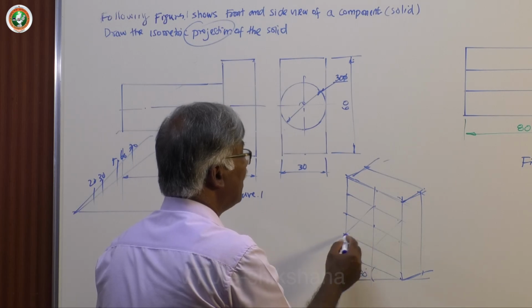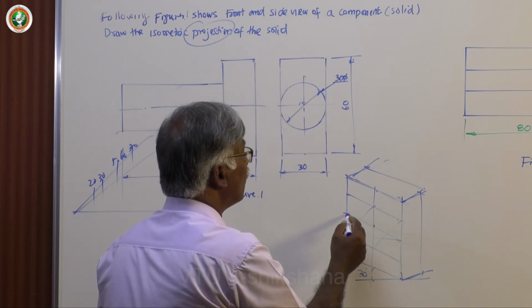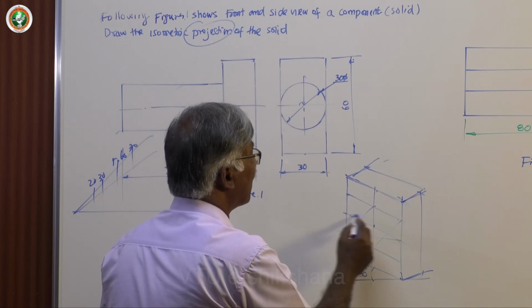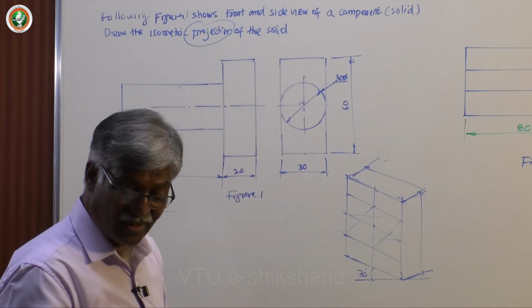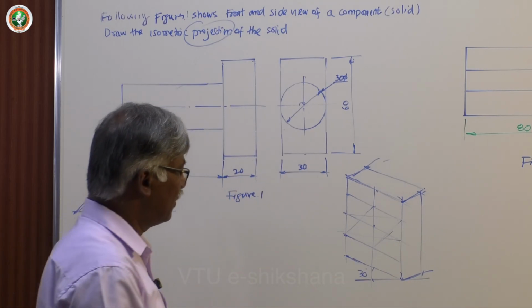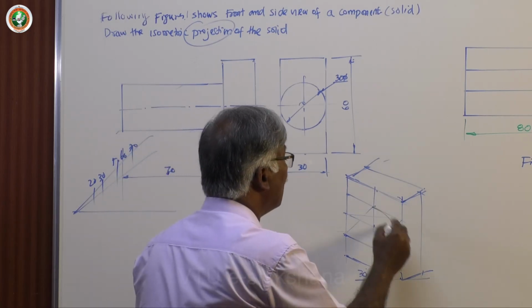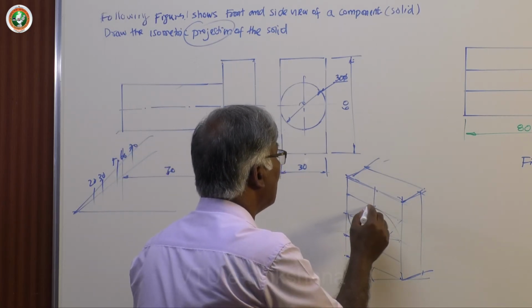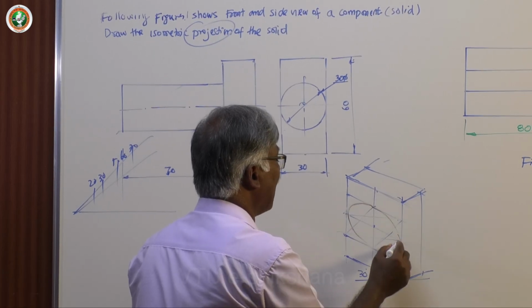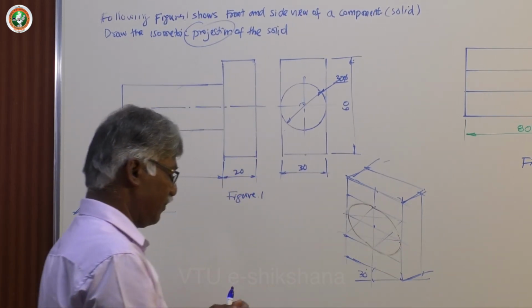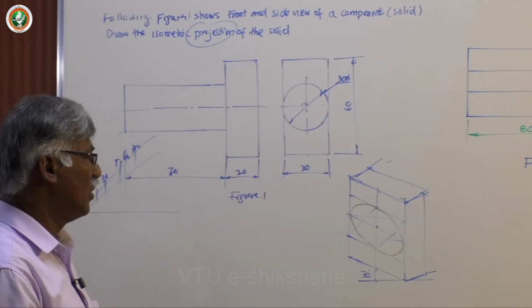Join them with the arcs. Identify the obtuse angle corners, and you get the ellipse. Like this. Let it be very light at the beginning. That's all you have to do.